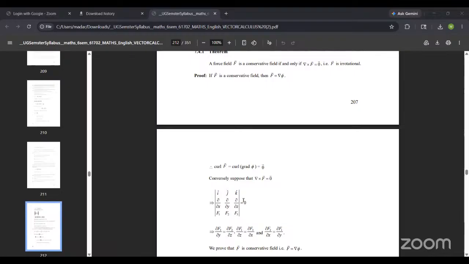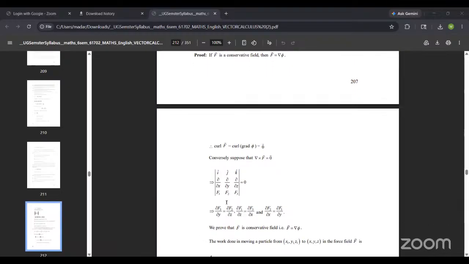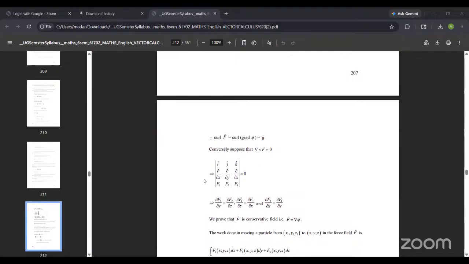So i j k, del by del x, del by del y, del by del z, F1 F2 F3 equal to 0. When we do the cross multiplication we get del F3 by del y equal to del F2 by del z, del F1 by del z equal to del F3 by del x, and del F2 by del x equal to del F1 by del y.